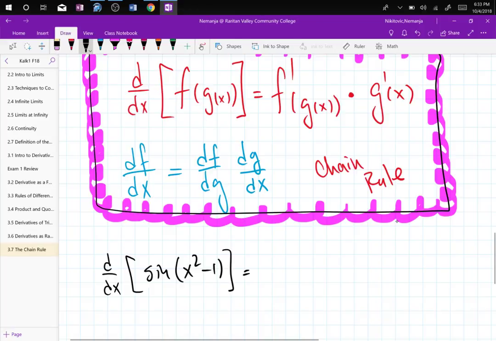We understand immediately that x squared minus 1 is g. I hope that everyone can immediately spot that, because that is plugged into the sine. Sine is the boss, therefore sine is f, and then x squared minus 1 is plugged into the sine, therefore it's one onion layer below, i.e. not the boss. Right?